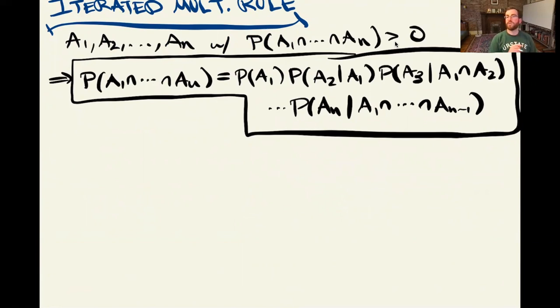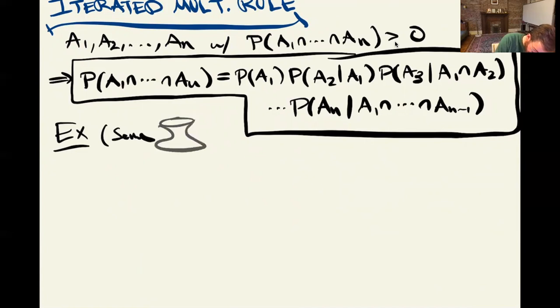And now I'm going to do it really simply without any of this permutation nonsense. All right, let's get to it. So example. It's the same urn that we had before with our 4 red and our 6 white.